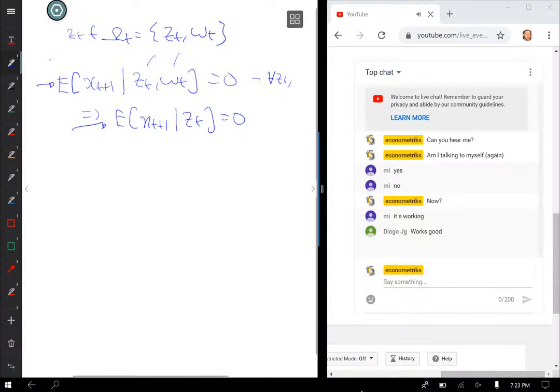If the average of xt plus 1 for any z and w is naught, then of course the average value of xt plus 1 given z also equals naught. It doesn't matter what w is, because for every value of w, the average was naught.